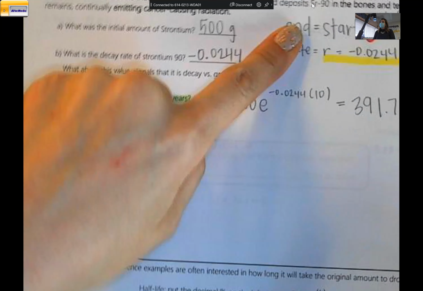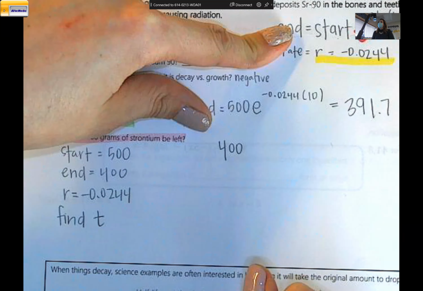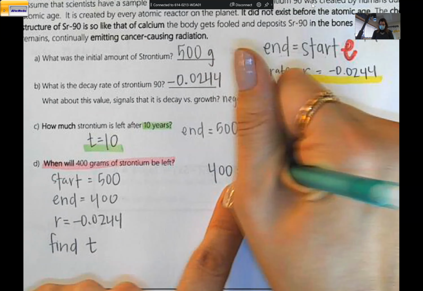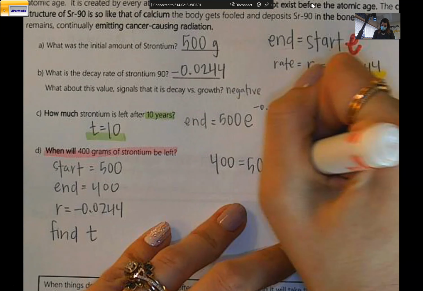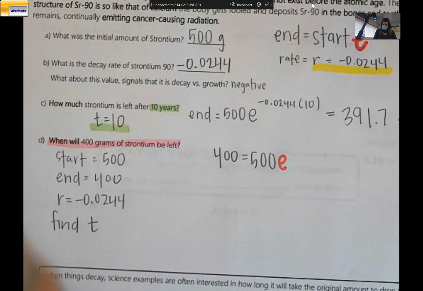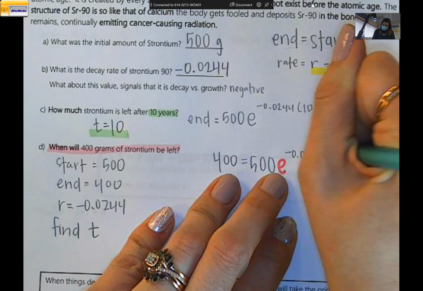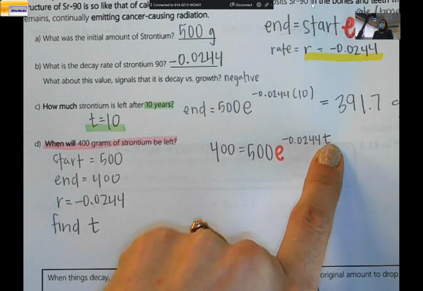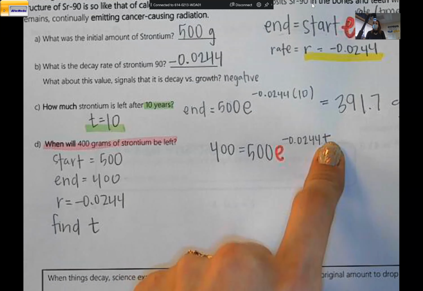Okay, so let's set up this equation. We have our ending amount, 400, equals your starting amount, 500, E to the negative 0.0244 times T. And what we have to do is solve for that T. Well, that's not too bad because we did this last time.